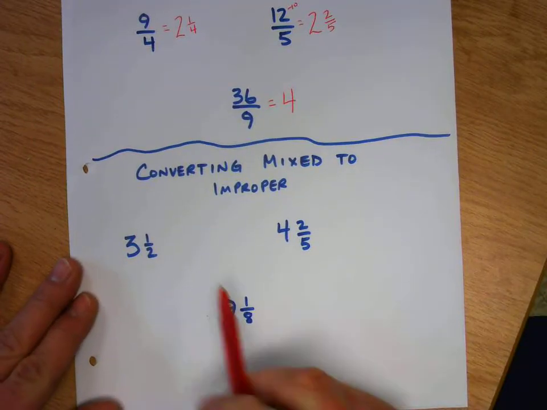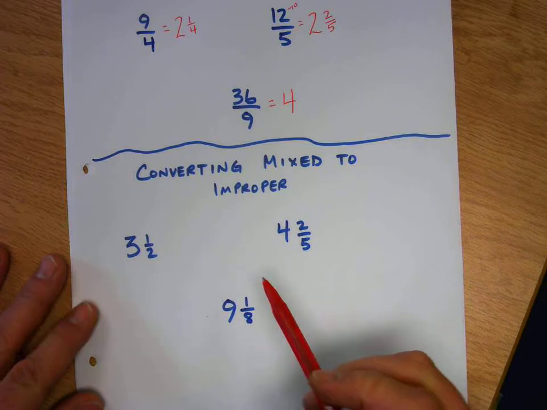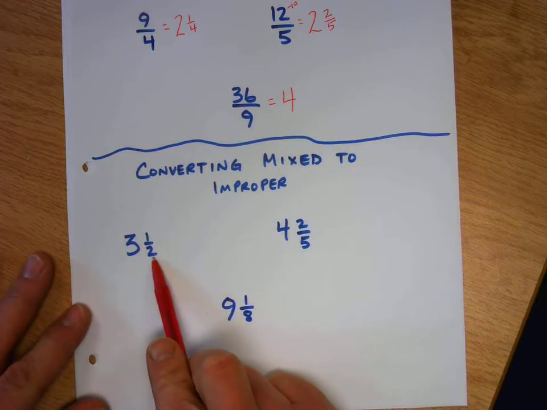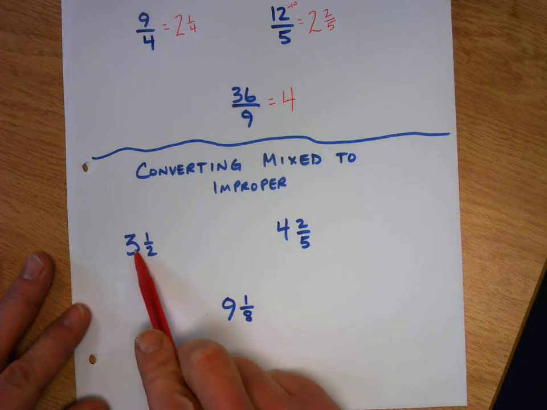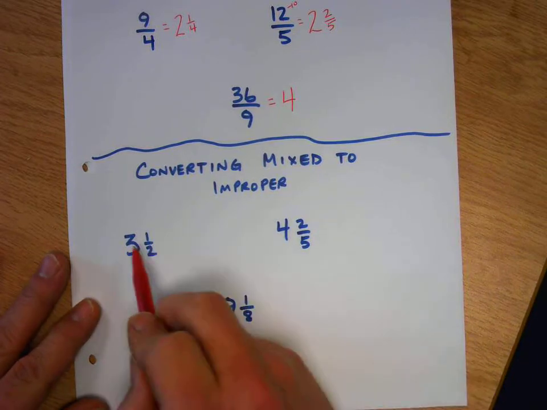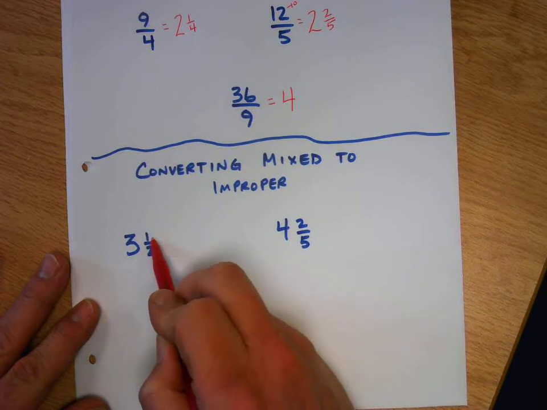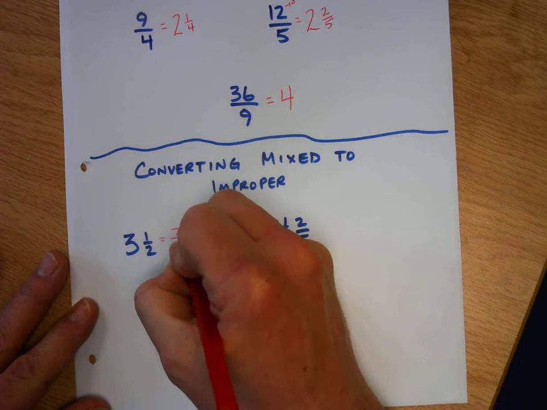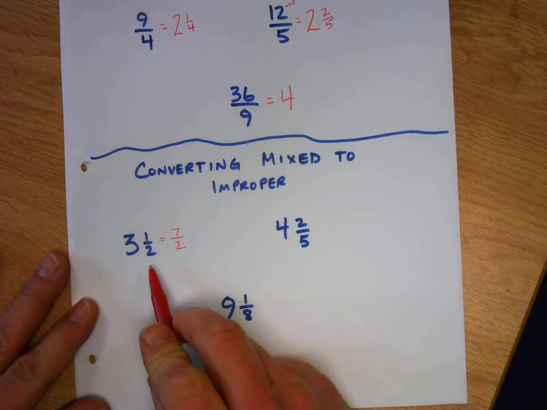Looking at converting mixed numbers to improper, remember, the whole number represents how many wholes we have. The denominator represents how many parts are in each of those wholes. So we would have basically 3 groups of 2, which would be 6, plus 1 extra part, which would be 7 over 2. The denominator doesn't change.